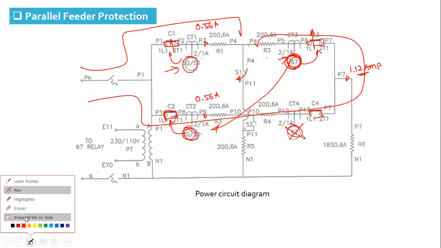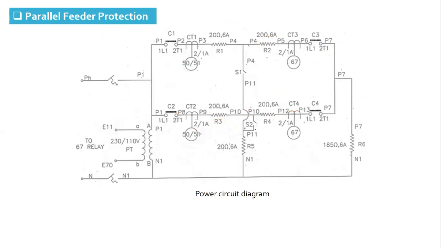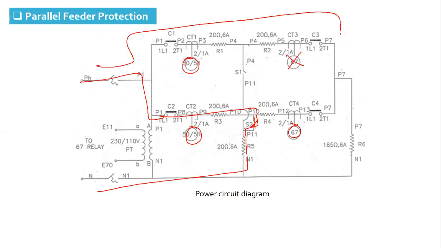Likewise, when the fault is on line 2, when I close the switch S2, the fault will be on line number 2. And in that case, this relay will pick up. This is never going to operate for this fault, because fault is fed in this way.